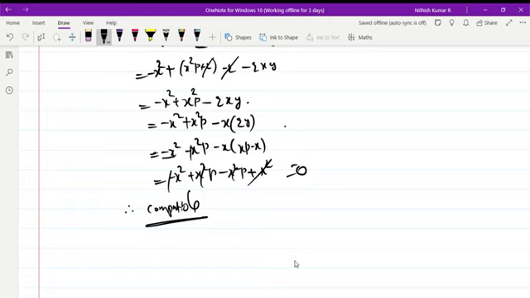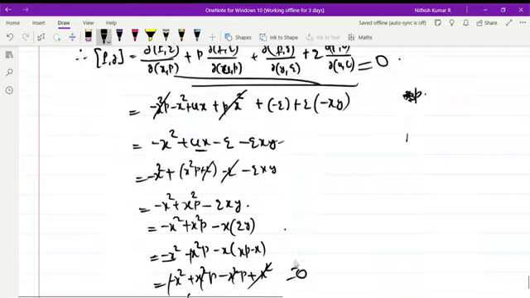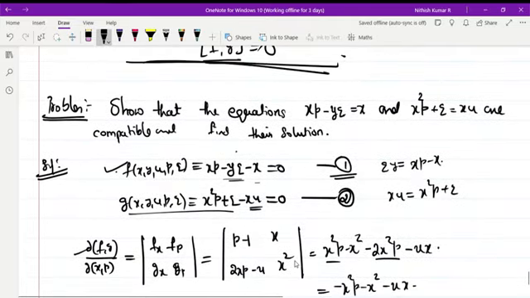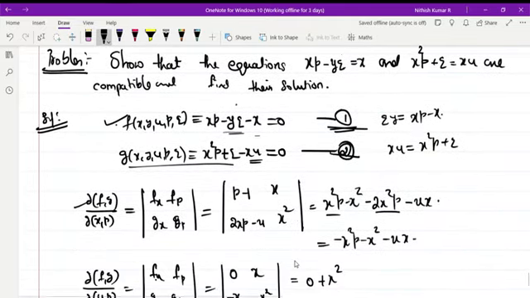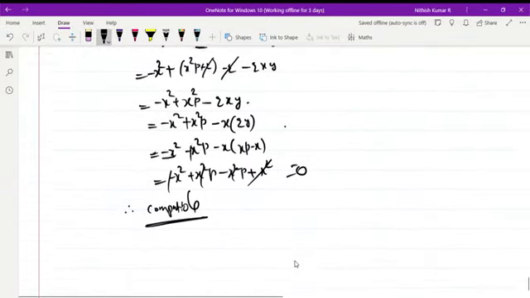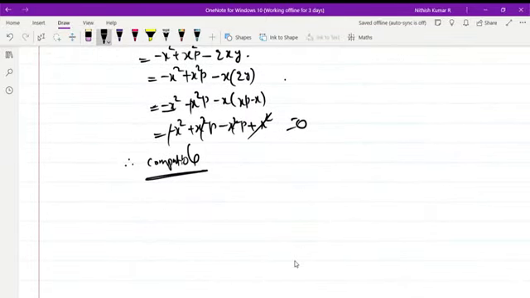From equation 1 we have q into y equal to xp minus x. So this becomes minus x square p minus x into xp minus x. I think there is a mistake somewhere, yes, it is plus x square minus x square p. So this gets cancelled and is equal to 0. Therefore we got this expression equal to 0.